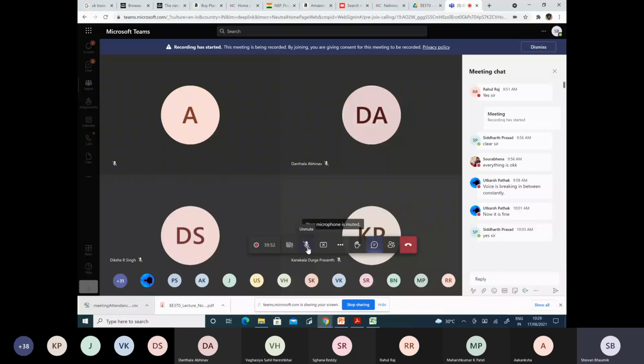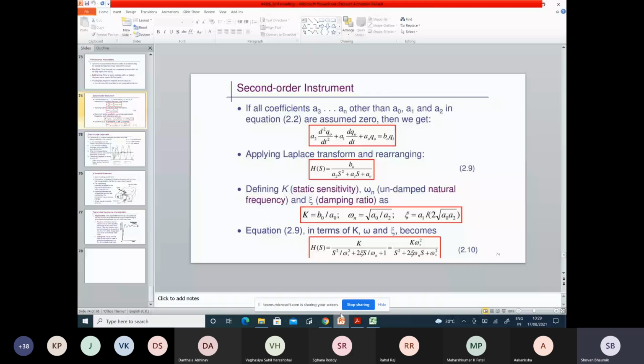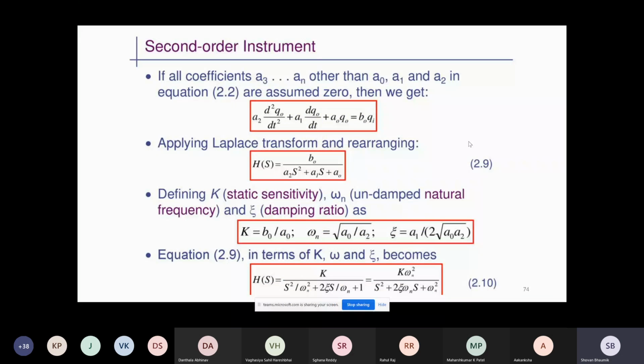If you see the second order transfer function, there will be a2, a1, a0, and if we apply the Laplace transform, we have b0 divided by a2 s square plus a1 s plus a0. So we have such a numerator and such a denominator. For a zero order system there was only one constant k, the static constant.